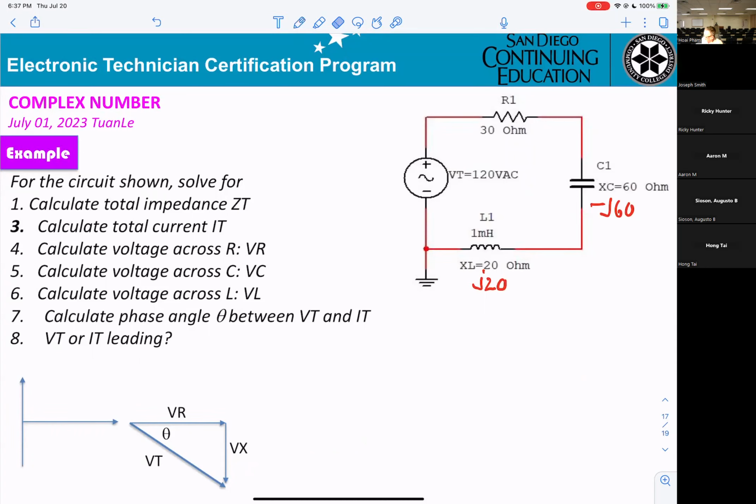So if they calculate the Z total, the load.